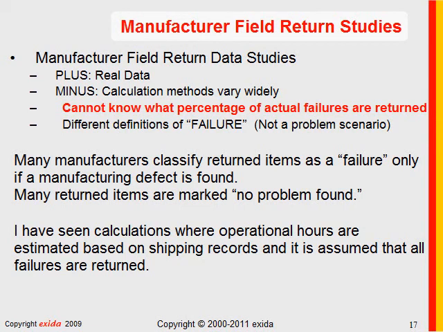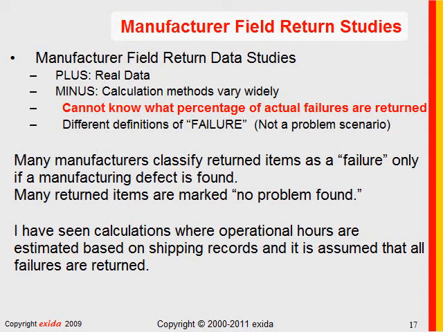Occasionally, there might be a higher rate of return, but I'll talk about that in just a minute. I've also discovered that many manufacturers classify returned items as a failure only if a manufacturing defect is found. Many items were marked not a failure or no problem found.